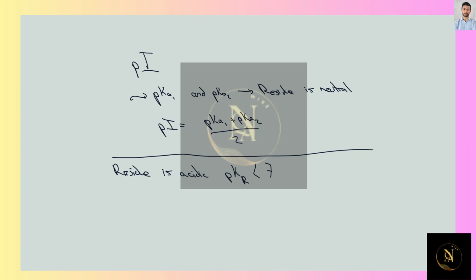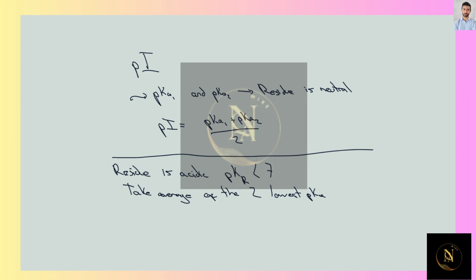In this case, what you're going to do is take the average of the two lowest pKa's.